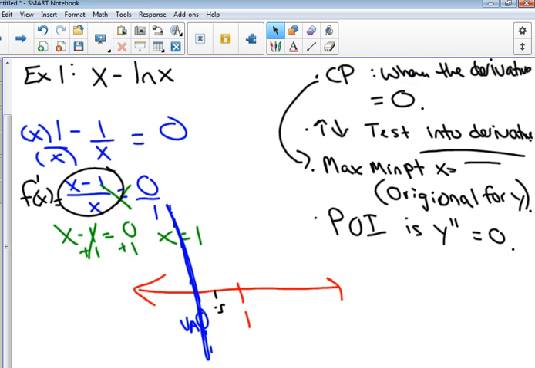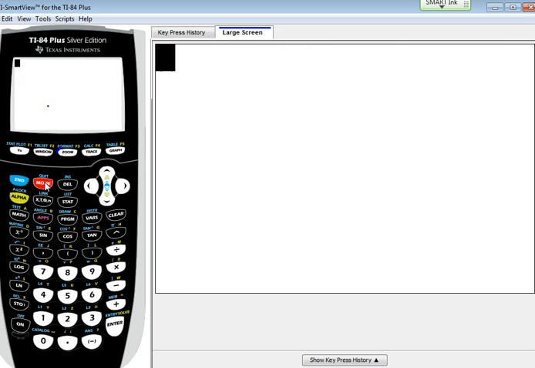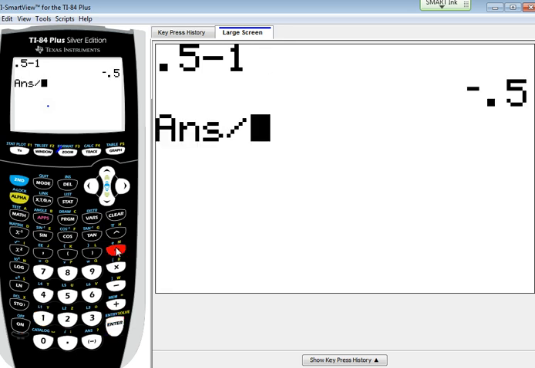So 0.5, you can put that in for our x. 0.5 minus 1. Did you get something negative? Remember, we don't care what this is, we're just looking for positives or negatives.